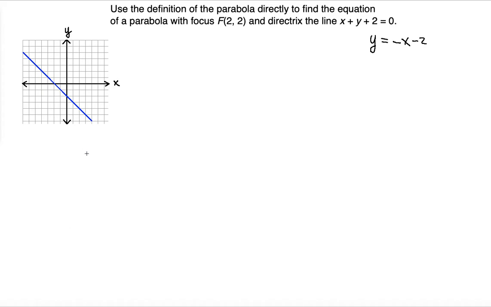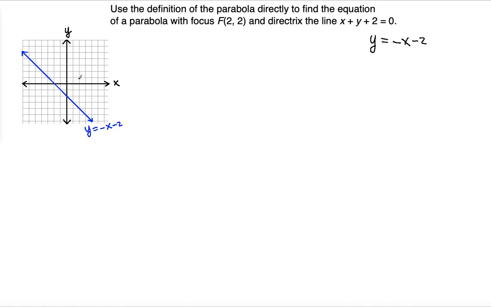So this is what it's going to look like. This is going to be the equation y = -x - 2, right? So this is going to be the directrix. This is the line. Now, the focus is (2, 2).